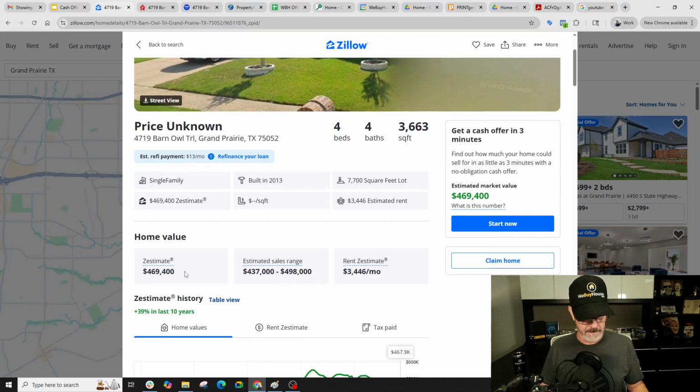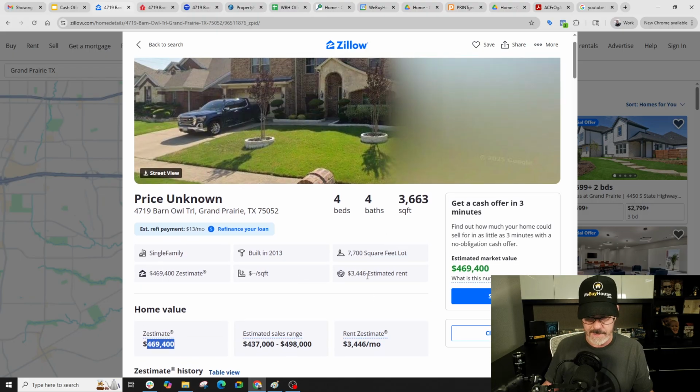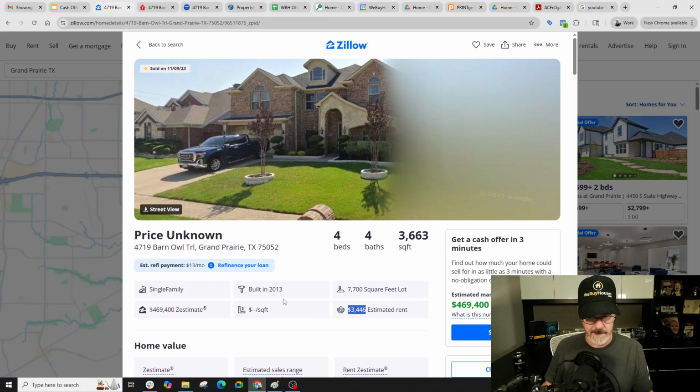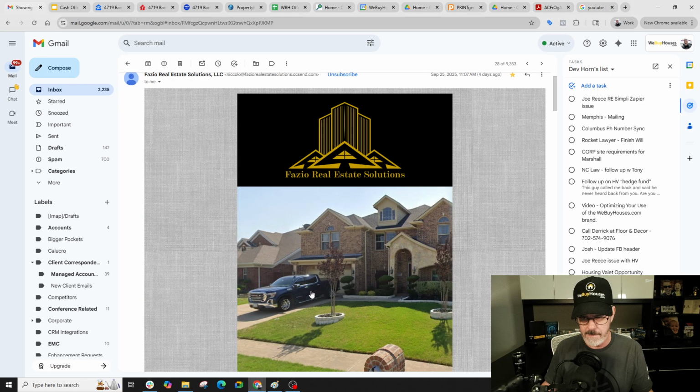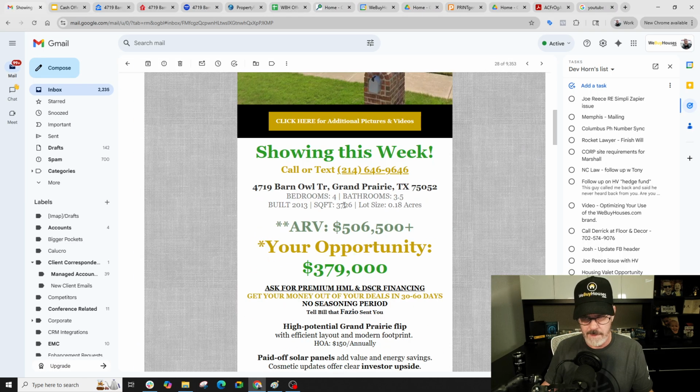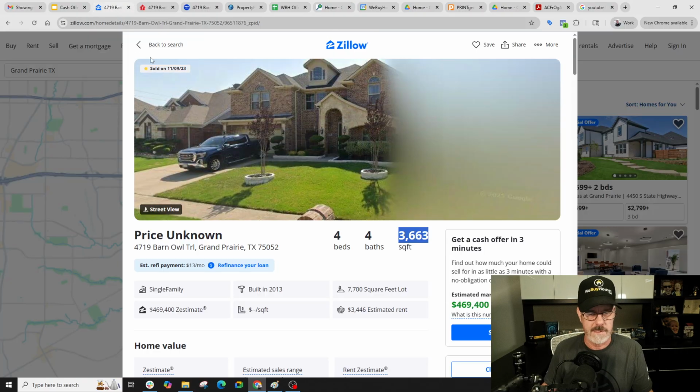And on Zillow, they have a $469,400 estimate for the property. They say you could rent it for 3,500. It's a big house, 3663. Did that match theirs? No, they said 3627. I don't know. We'll see.